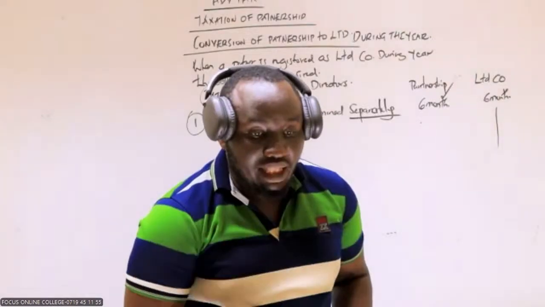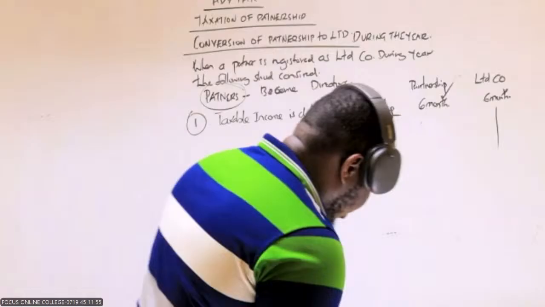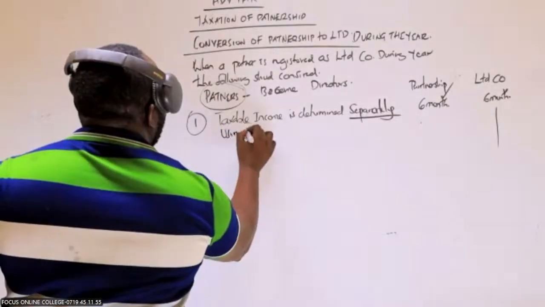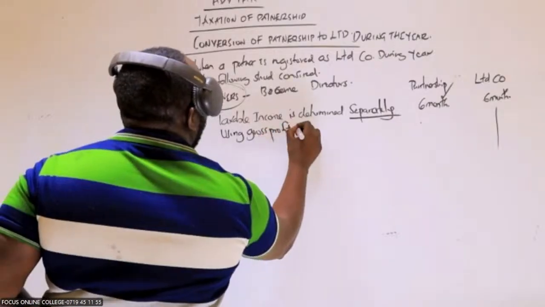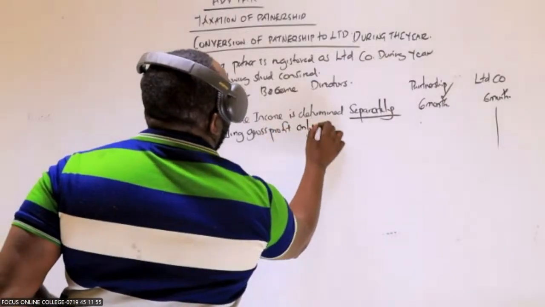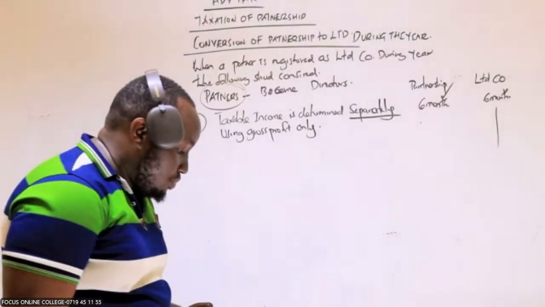We determine them separately, and we say that the taxable income of the limited company is determined using the gross profit only.